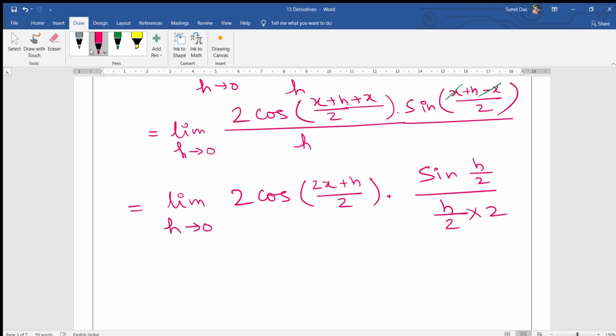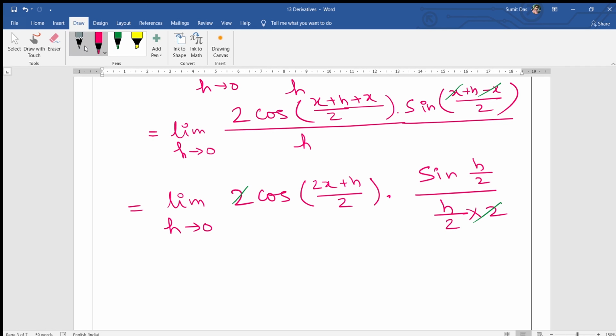So I'm trying to make the denominator the same as the sine angle. So I'm writing h by 2, but we can't just write h by 2, so I'm multiplying by 2. Look, this 2 and this 2 will cancel and it will remain the same h.